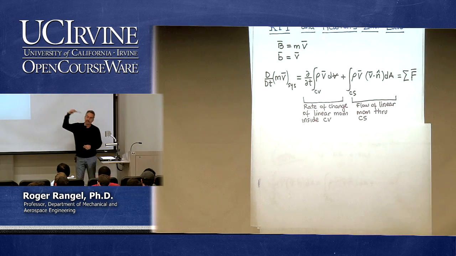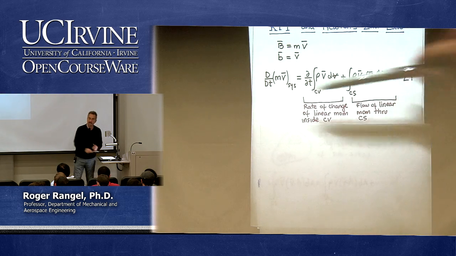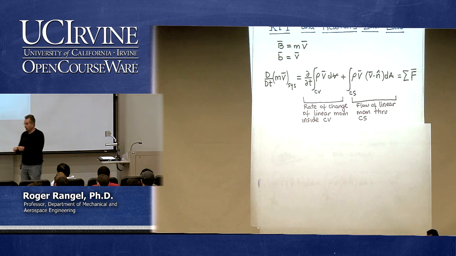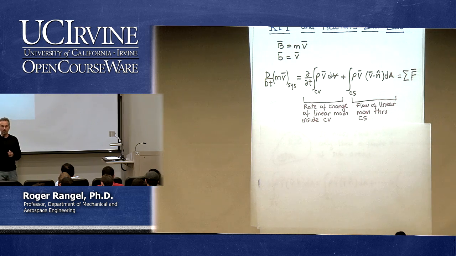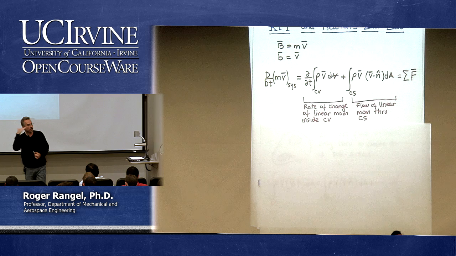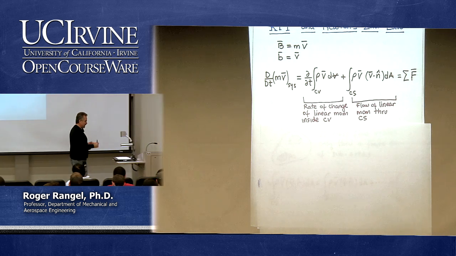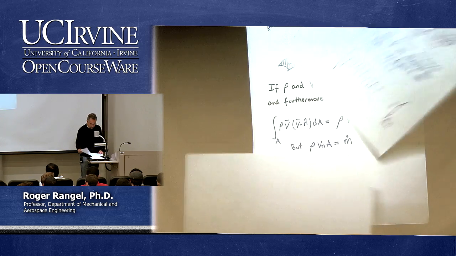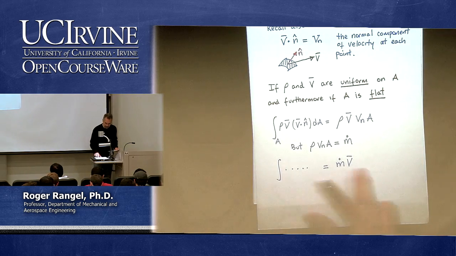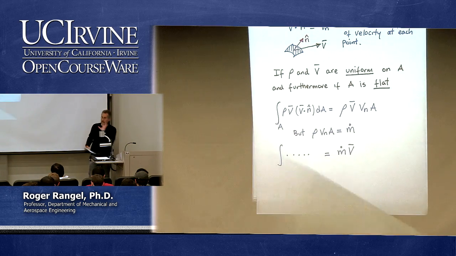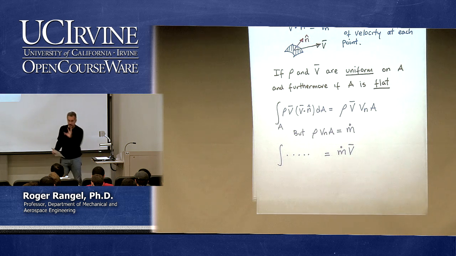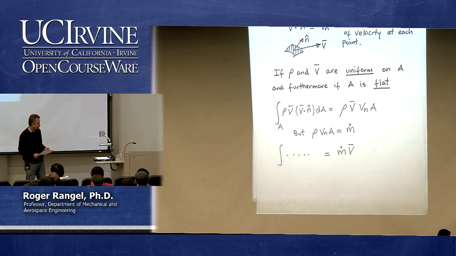So if you start to think ahead, this equation as a vector equation is really three equations, because you would have to write a component in the x direction, a component in the y direction, and a component in the z direction. So when we come back to our term here, which represents the second of the integrals, it is a vector term.